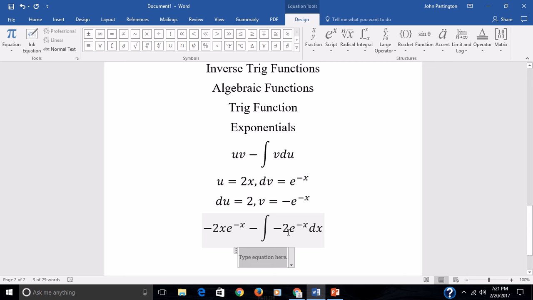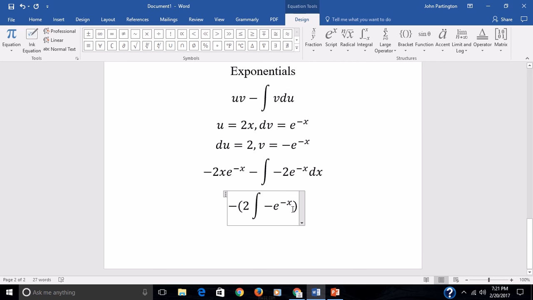But here we have a 2, so let's remove this 2, and we're going to be left with 2 negative e to the negative x. Keep in mind this is all going to be negative. So it's going to be negative 2e to the negative x.